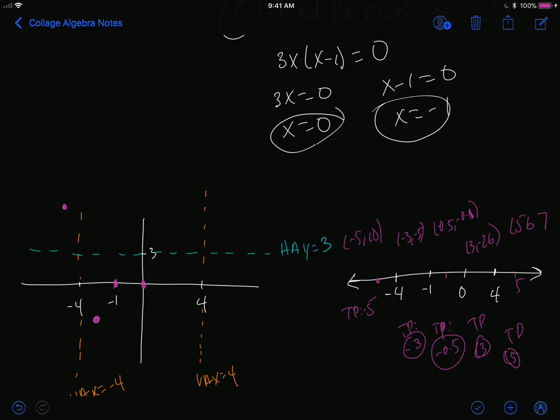Then negative 0.5 comma negative 0.1, which should have been positive right here. And then when I plugged in 3, I got negative 2.6, so I plot 3 over here. And when I plug in 5, I got 5.6.